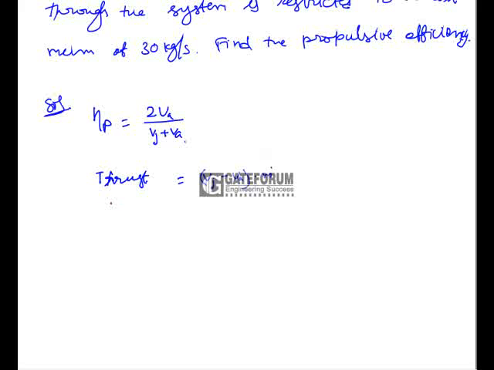Here we have to provide 1 ton thrust, that is 1000 kg into 9.81, equal to Vj minus Va, where Va is 700 km per hour, that is 700 into 10 cube by 3600, into the mass flow rate of 30 kg per second.